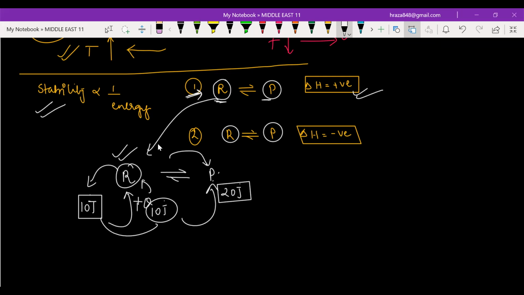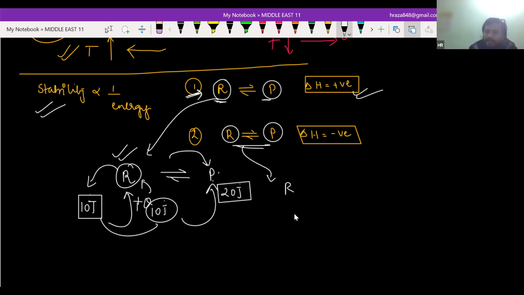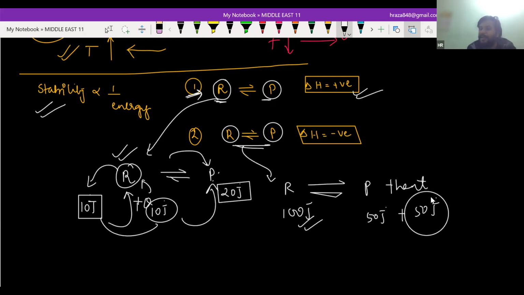Yes, sir. Now, just see, initially a reactant has 100 joule, and in an exothermic process it is converting into product. That means it released some heat, so the product has 50 joule. It will have lesser energy than the reactant because it releases some heat.